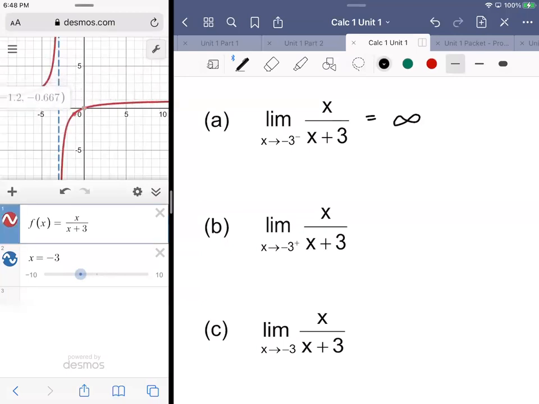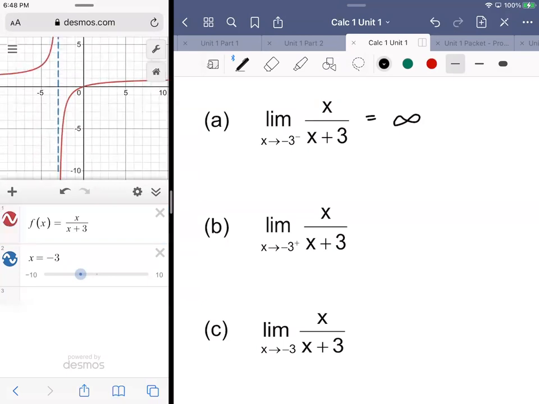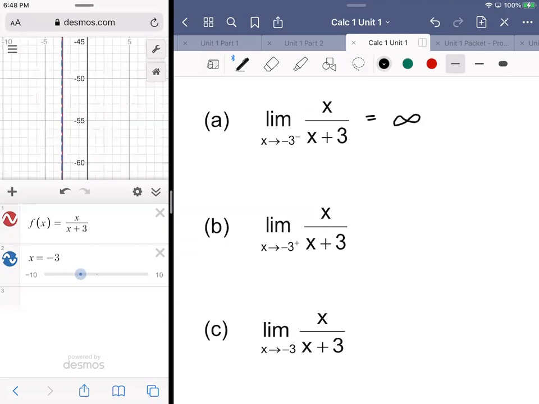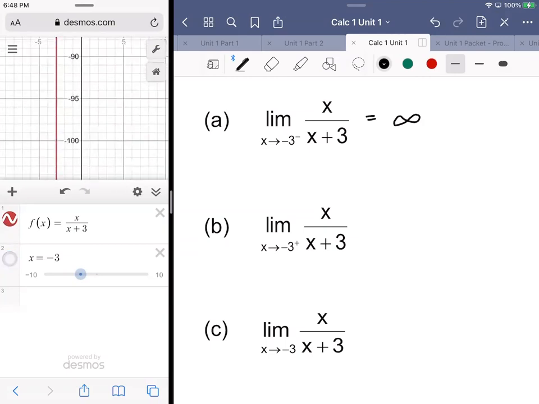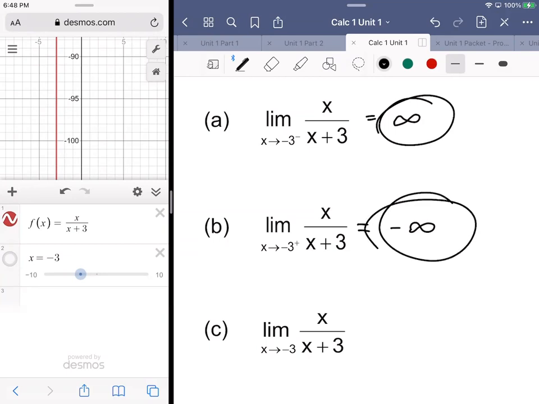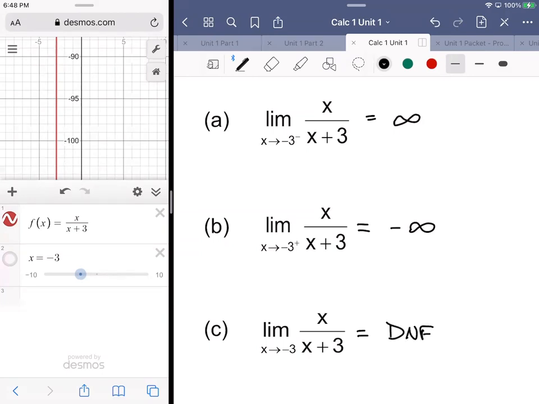From the right, as I get closer and closer to the x value of -3, it appears to be going down. How far down? All the way down. All right, all the way down to -infinity. And because these two are not equal to one another, if they were equal, that would be our limit, but they're not equal, so we would say the limit does not exist.